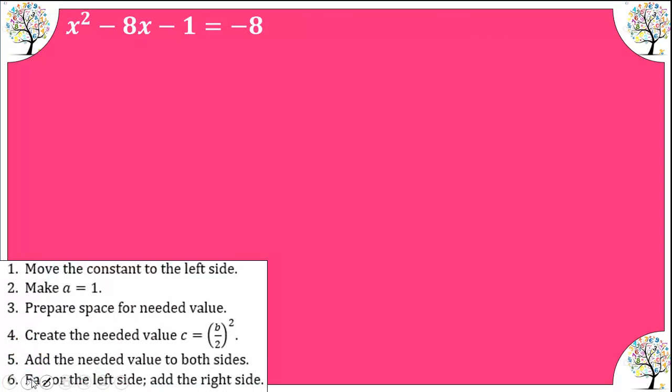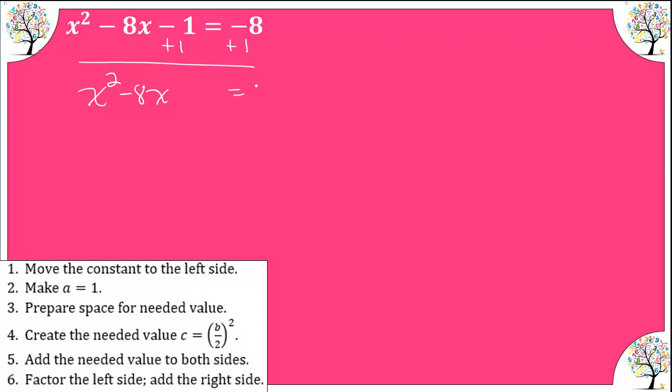So let's go through this a few more times. First step, make sure the c value is moved to the right side. So we're going to add 1. We want a blank canvas, so to speak.